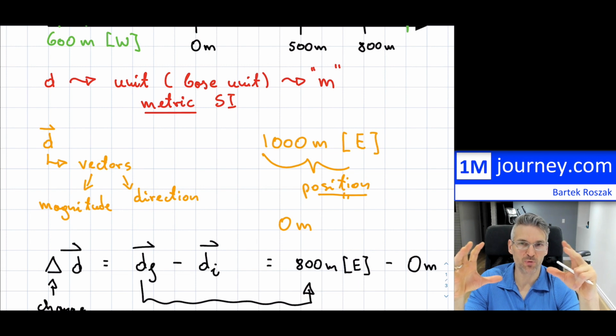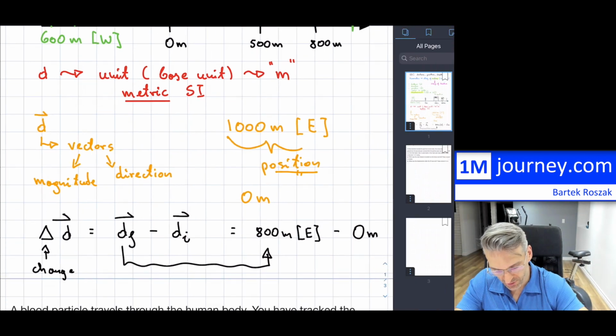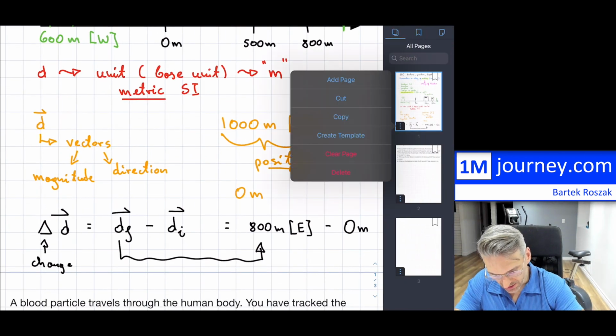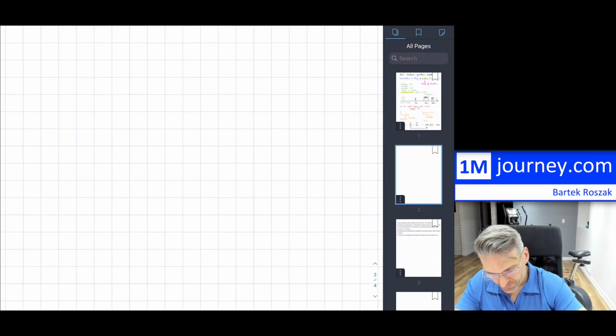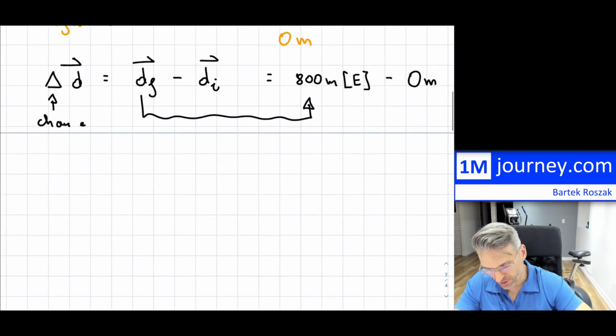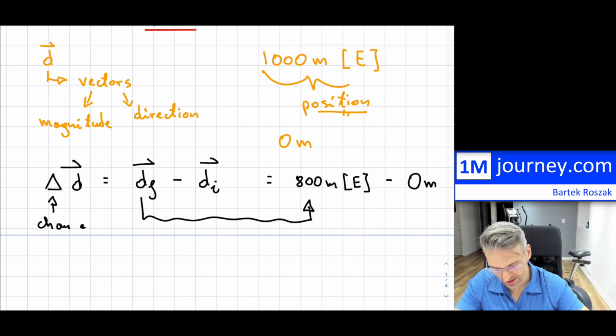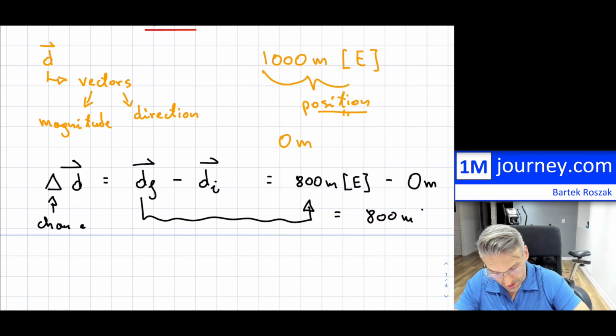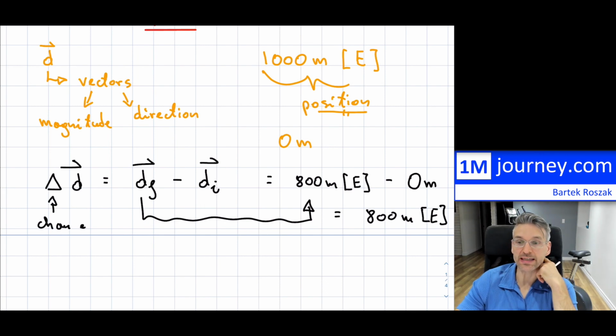But there is a little bit more, so we have to be careful, and I'll give you examples of this in just a moment. This one is easy because you started at your initial starting point. So your displacement is 800 meters east.